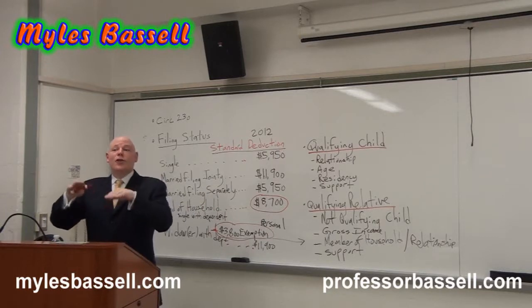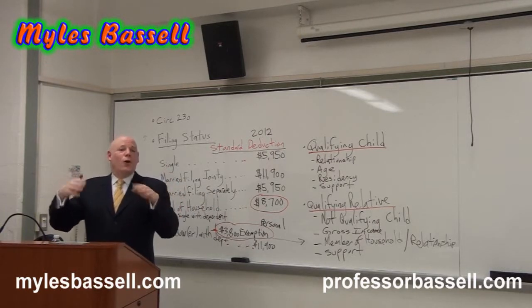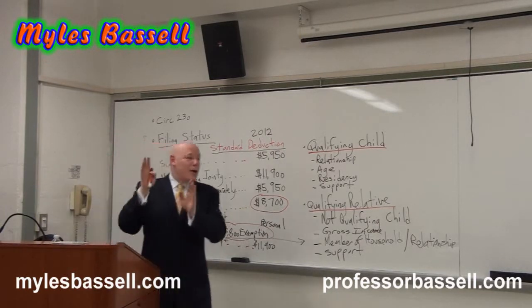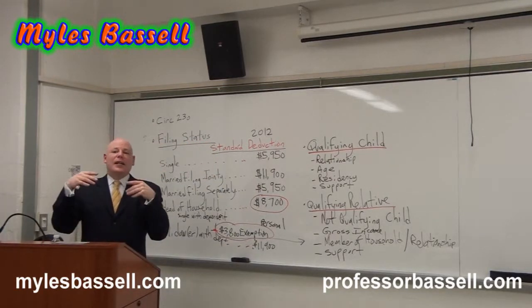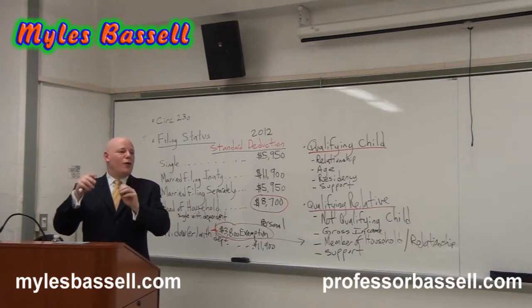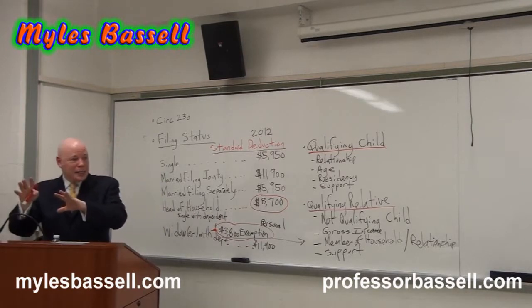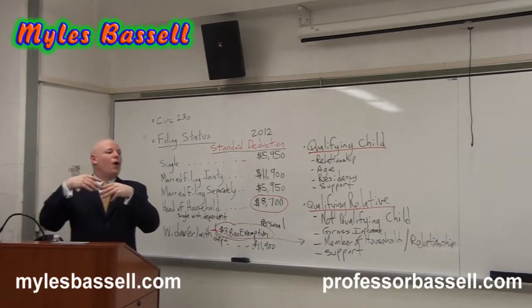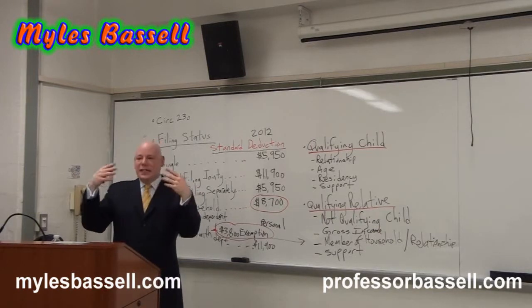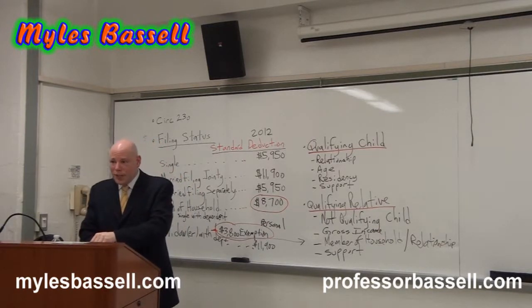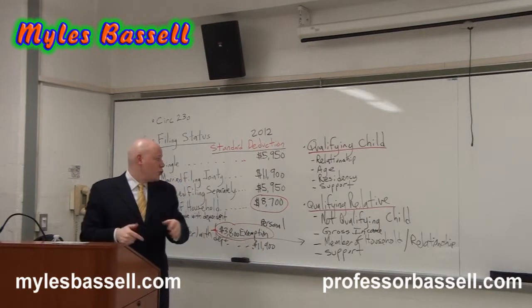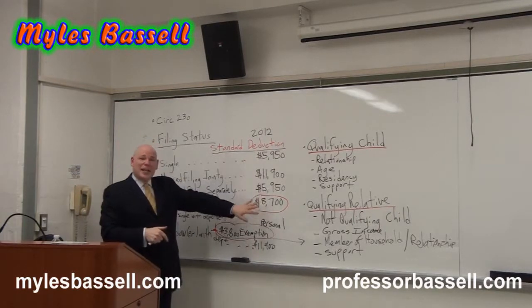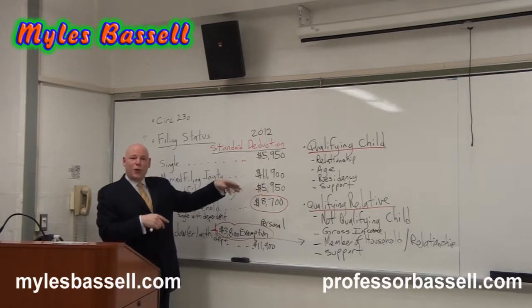So now you are no longer married. But the IRS code says that if at any time during the year you are married and your spouse dies, then you are considered married for the entire year. Now, that's the IRS's attempt to try to be fair, because we've discussed that filing jointly has tax advantages.